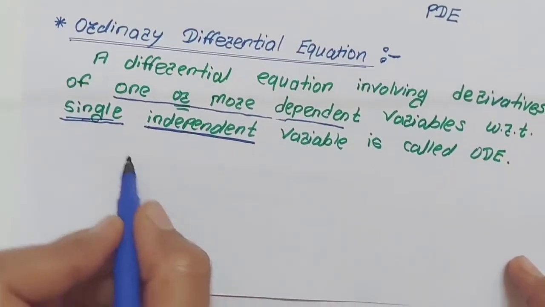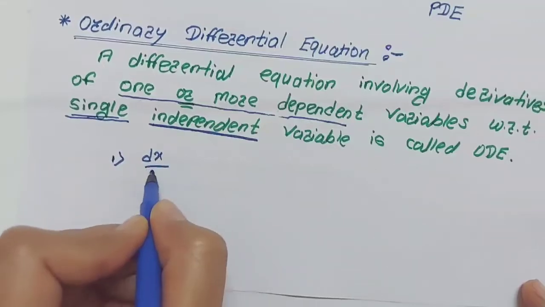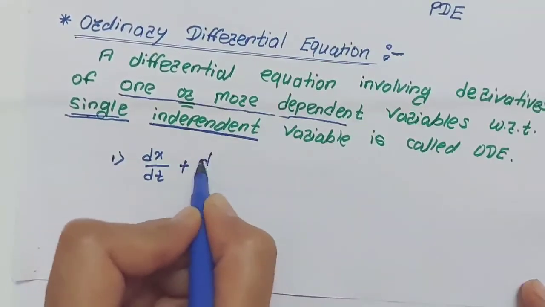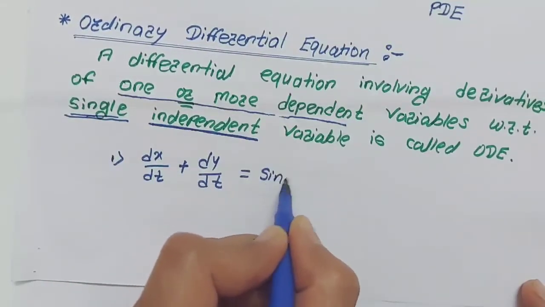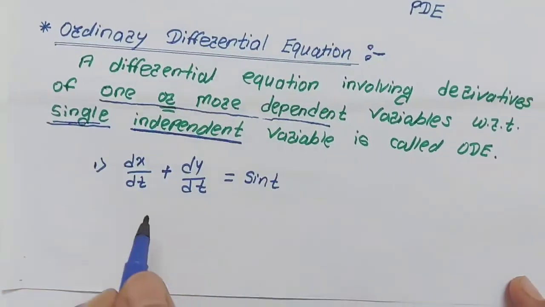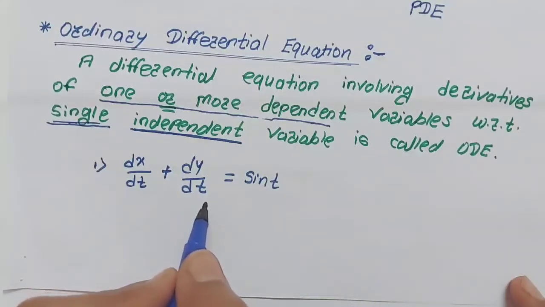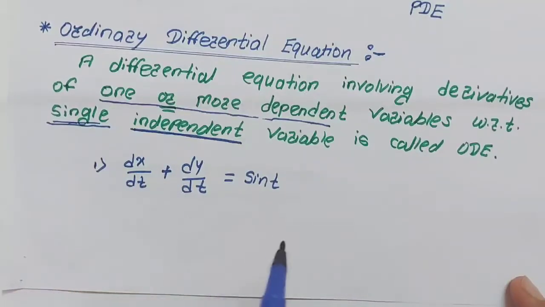Now see here, suppose we have given a differential equation in this form: dx by dt plus dy by dt is equal to sine t. In this example, the equation contains derivatives of x and y with respect to t.